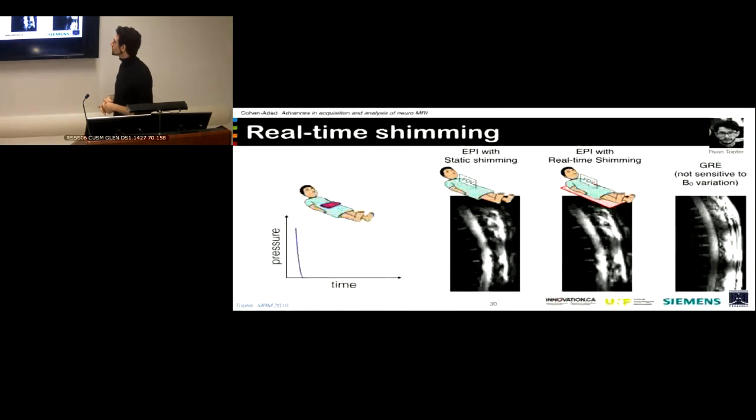So it's really a B0 variation effect. This project is ongoing now. We are anticipating the 7 Tesla system coming to Montreal, and we are now designing an integrated shim and RF coil for the 7 Tesla system.